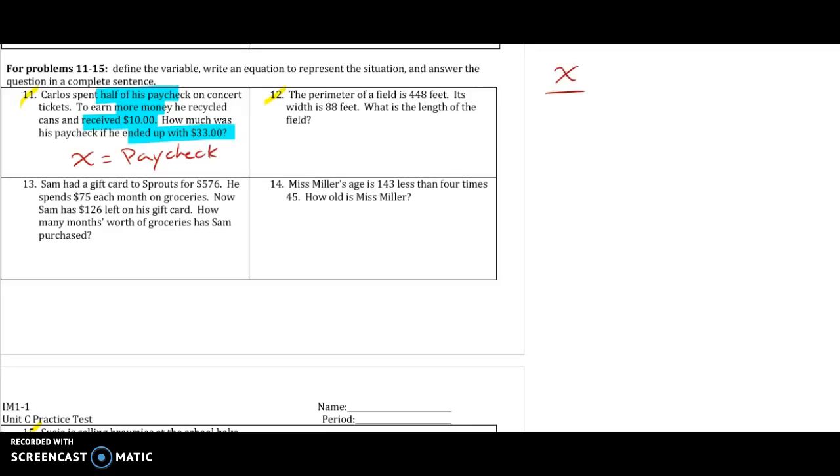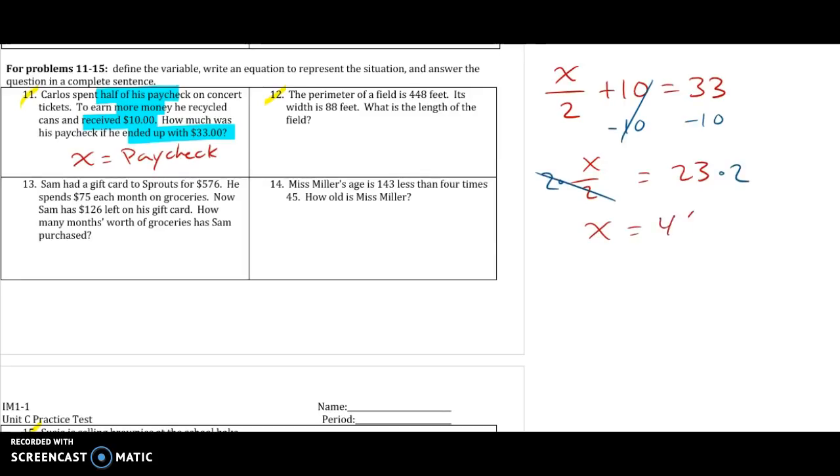He had his paycheck, spent half, gained 10 more, his total is 33. Subtract the 10 first. Multiply by 2. It is $46.